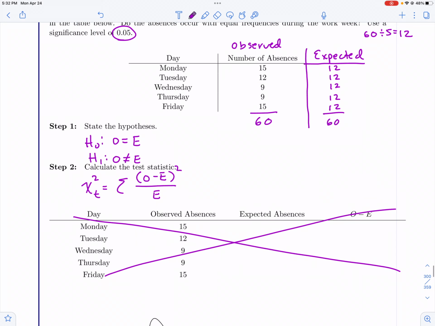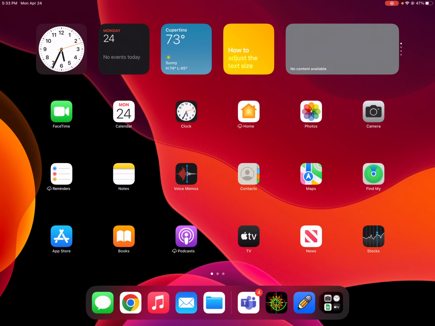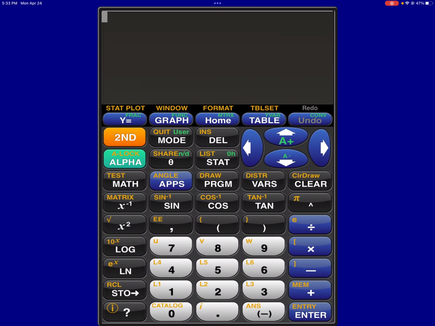So what we're going to do is use our calculator and our lists as a way to actually calculate this in a much, much more efficient way than trying to do this by hand. So we're going to put in list 1 our observed data, and in list 2 our expected data. So let's go ahead and do that first. Let's switch over to the calculator real quick.